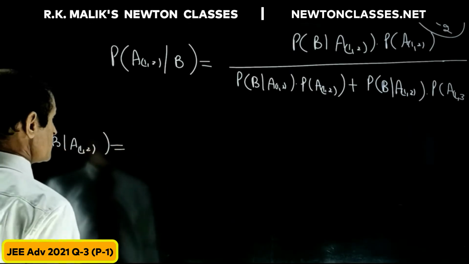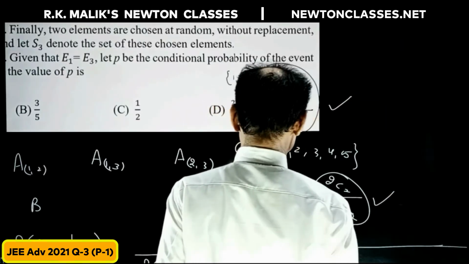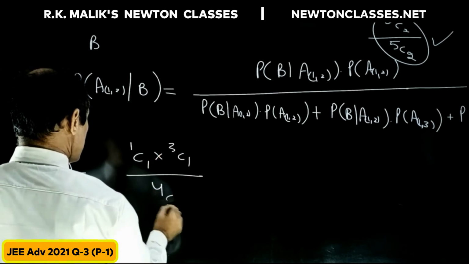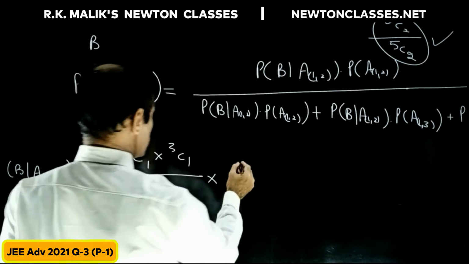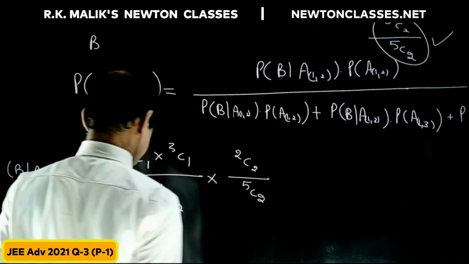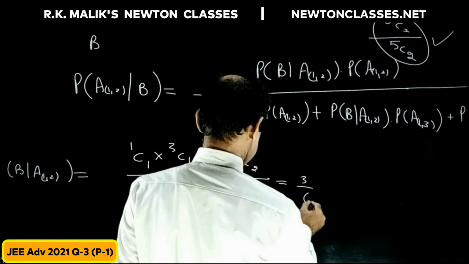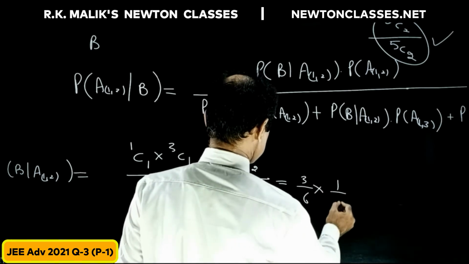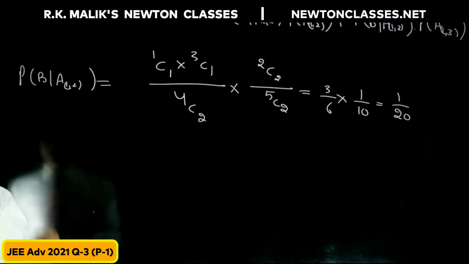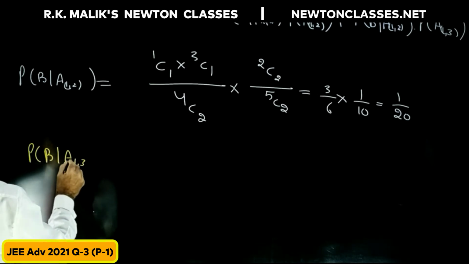Hence the value of this becomes product of this and this. That is 1C1 into 3C1 upon 4C2 into 2C2 upon 5C2. This is equal to 3 by 6 into 1 by 10. That is 1 by 20. And now I am going to find the value of P(B given A13).